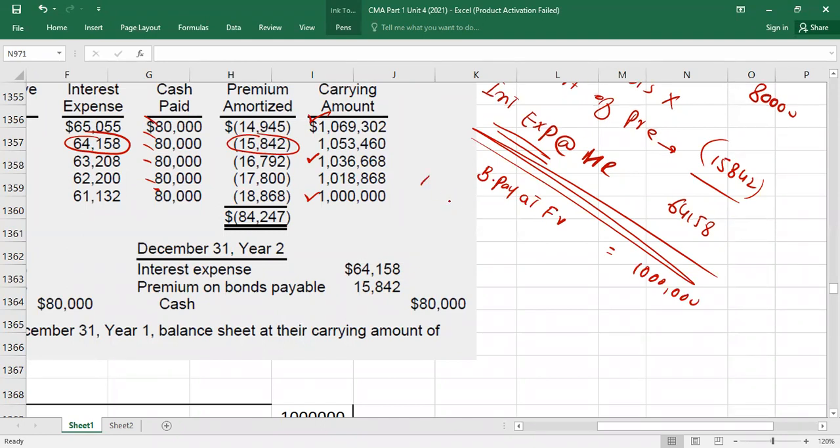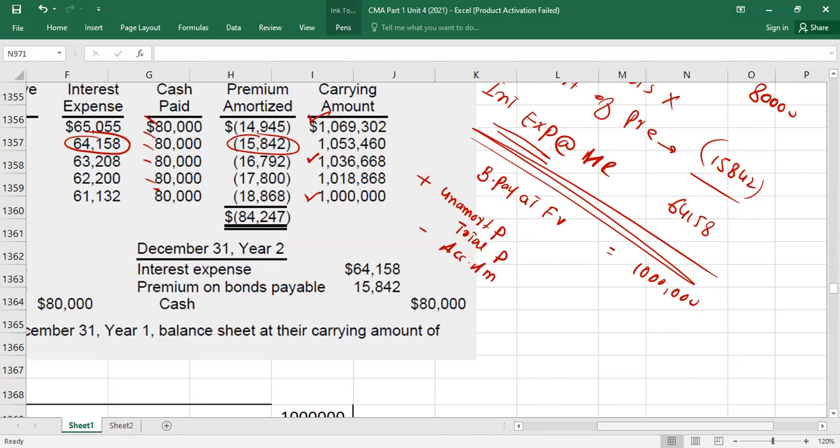We have to add here unamortized premium, right? Because I don't have a discount, I have a premium. So unamortized premium, how will I get? I told you, you have to take total premium minus accumulated amortization. This will give you unamortized premium. Total premium was 84,000 something.